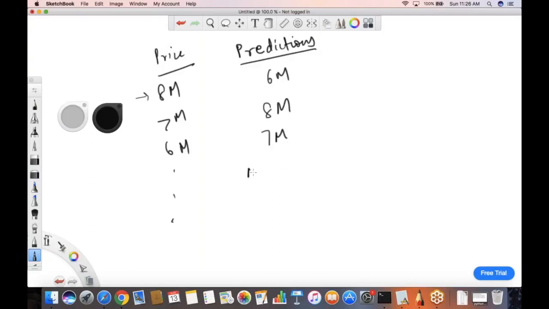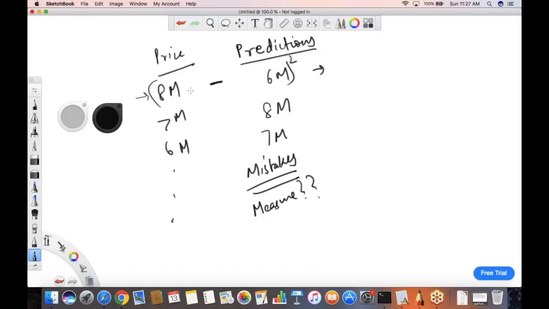So we are going to make some mistakes on our predictions. How do we measure these mistakes? So we take the difference and then square it up.